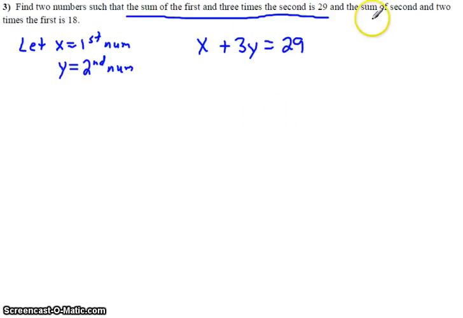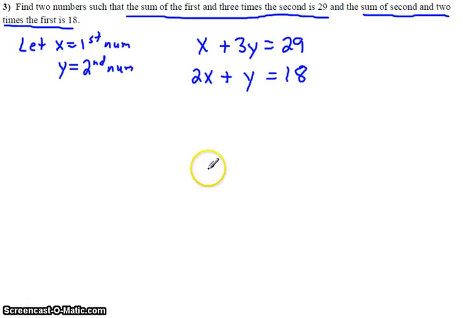The second one is the sum of the second and 2 times the first is 18. Well, the second is y. I'm going to write it right below here. And 2 times the first, that's 2x. And sum is addition, equals 18. And there's my two equations based off of those sentences. And we need to solve these.